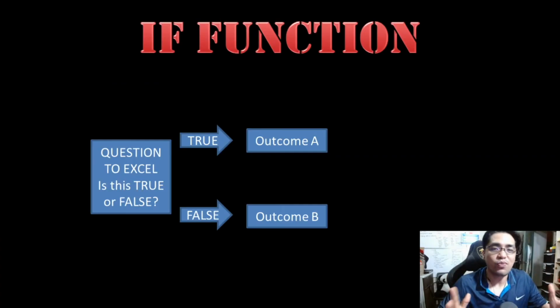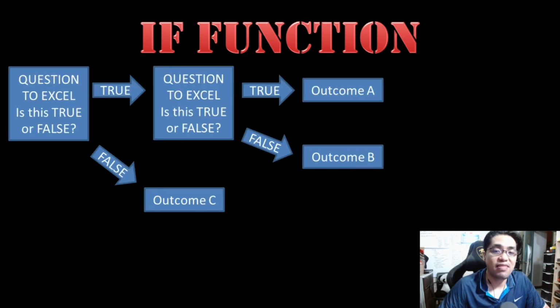Now, so far, what we've been doing is this. We're asking Microsoft Excel to evaluate one question and then select outcomes based on whether the question is true or false. But that is not the only way to use the if function. In fact, it can even be arranged like this. In other words, you have multiple if functions functioning together.